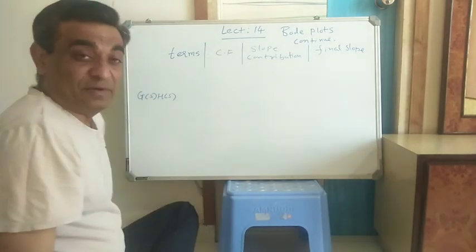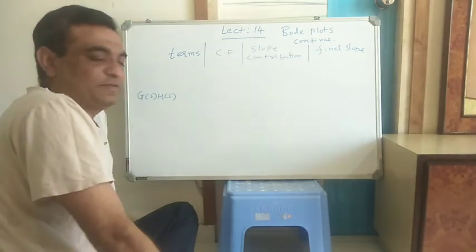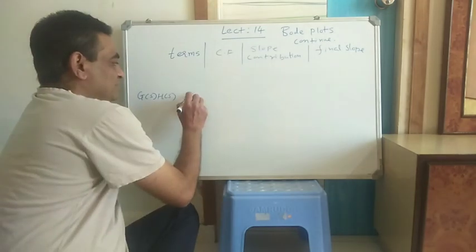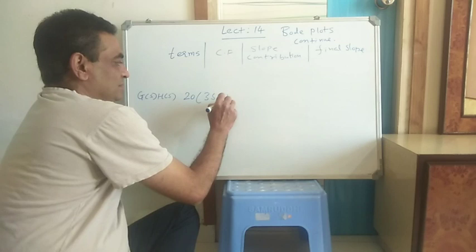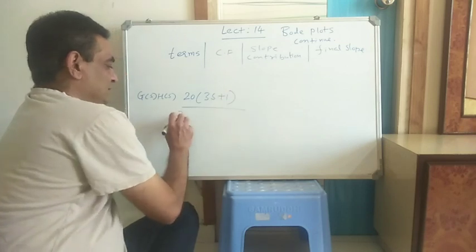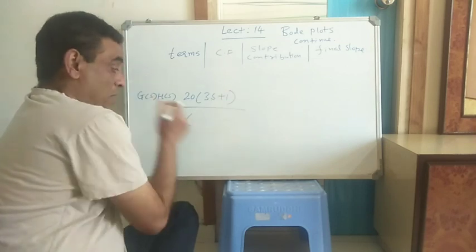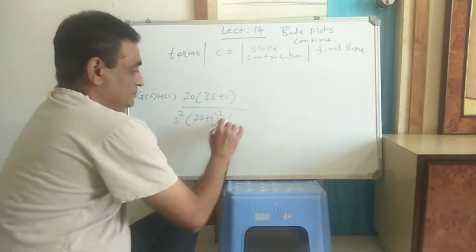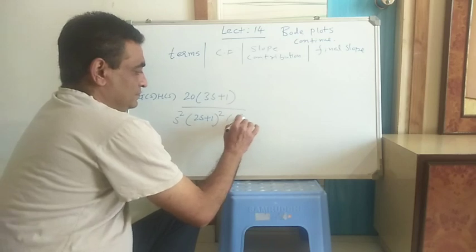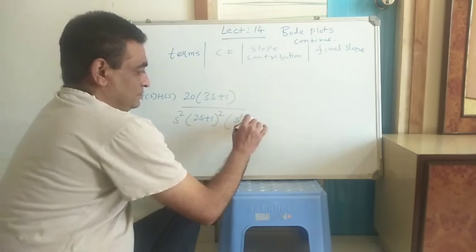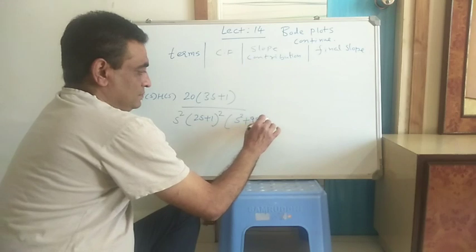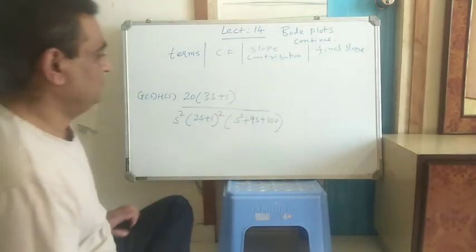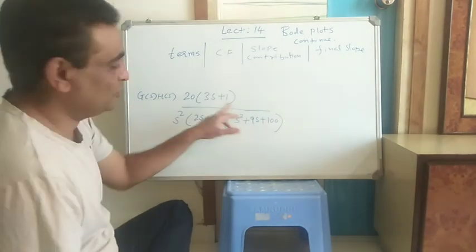Let's say I have already converted the transfer function into its time constant form, and let's say it is this. You need to convert this into time constant form.